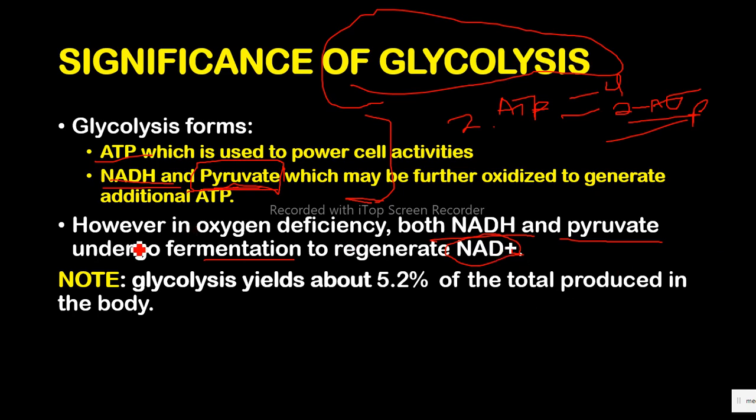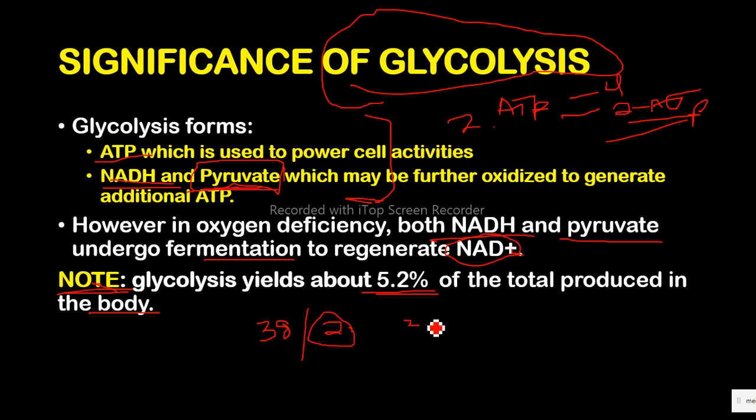So we have a note, NB. Glycolysis yields about 5.2% of the ATP produced in the body cells. Imagine if you produce 38 ATP molecules, and with glycolysis you produce a net of 2 ATP molecules.